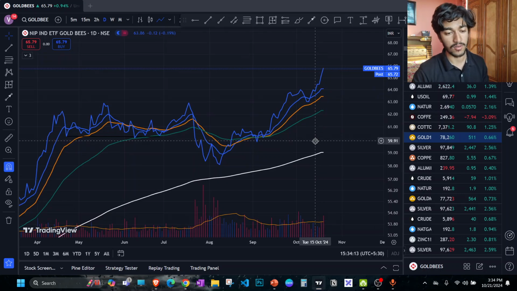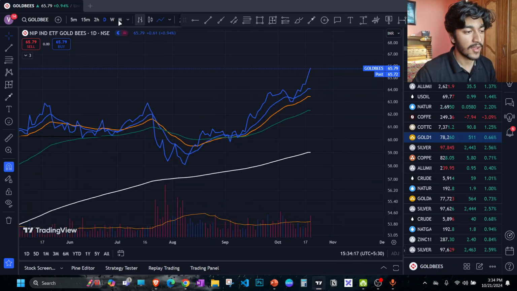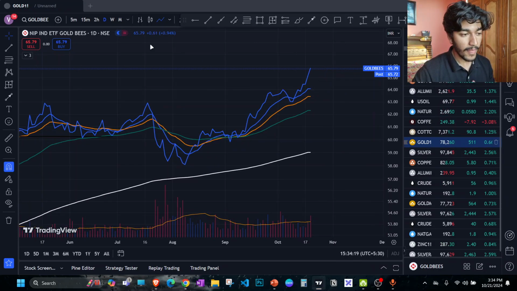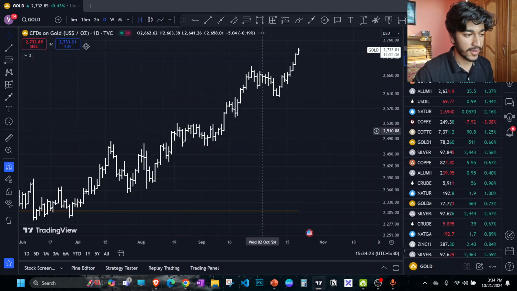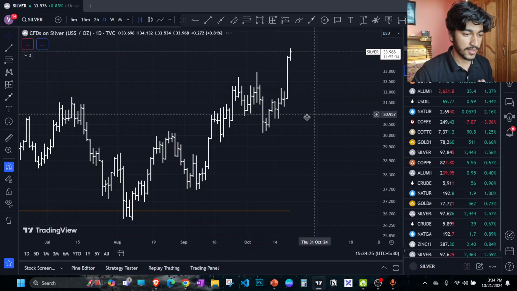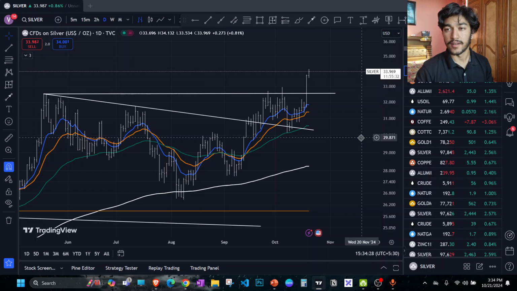Plus, you can trade other stocks also by pledging these Gold BeES. The gold on MCX will be following the price of international gold, and likewise silver. The market timings are also very different for the equity market and the commodity market.